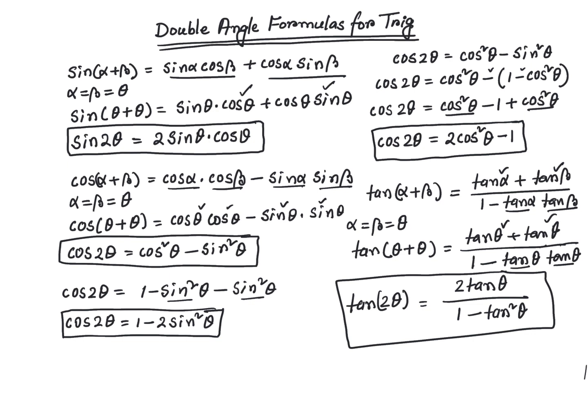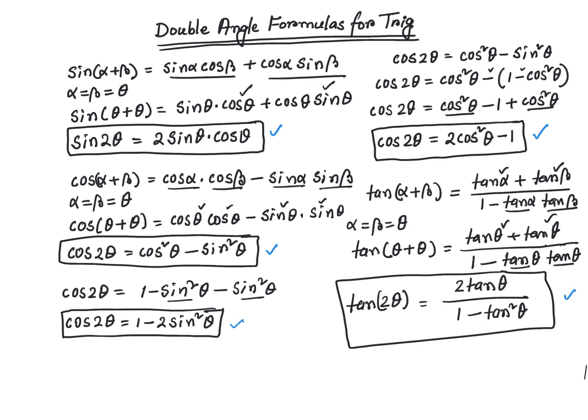So we have derived the double angle formula for sine of 2 theta. Sine 2 theta is equal to 2 sine theta cosine theta. We have derived the double angle formula for cosine of 2 theta, which is cosine square of theta minus sine square of theta, and it has two different variations: cosine 2 theta is equal to 1 minus 2 sine square of theta, and cosine 2 theta is equal to 2 cosine square of theta minus 1.